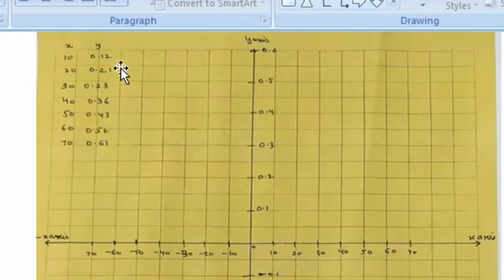Now it's time to check the y values, the smaller integer and the larger integer. Here we have decimal values: the smaller is 0.1 and the larger is 0.6. So we have only six numbers: 1, 2, 3, 4, 5, 6.